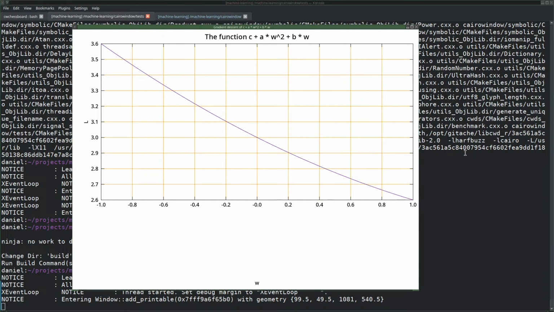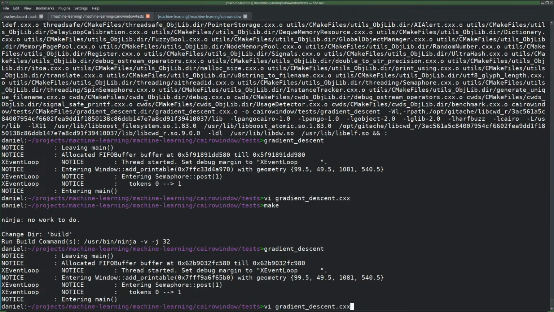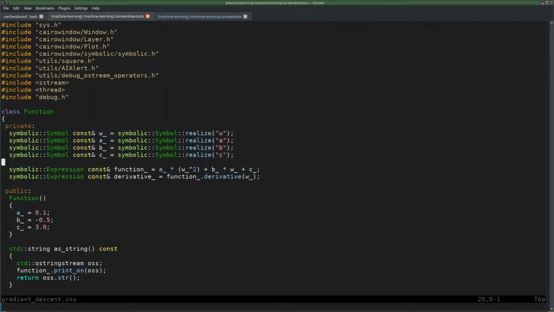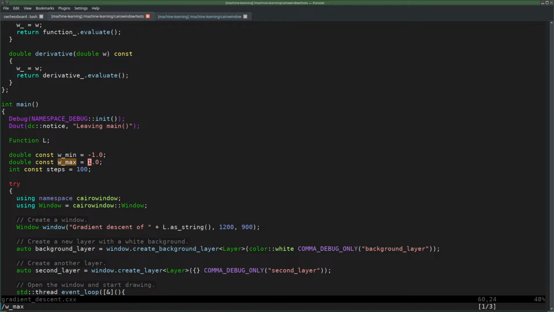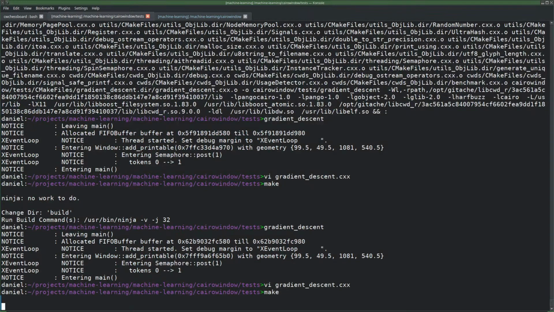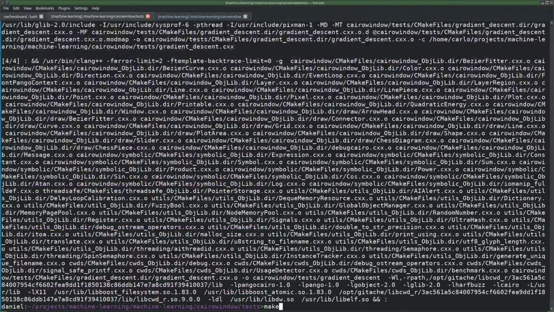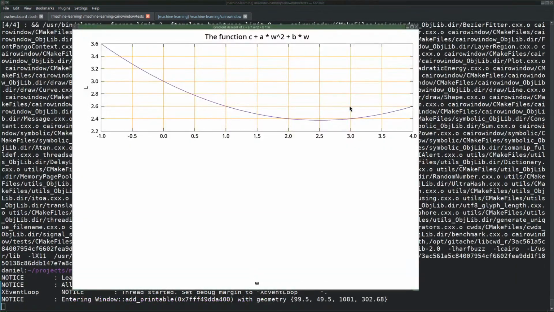Well, that's not very interesting. We don't even see the minimum. So, yeah, we clearly need a way larger value for W max. Let's try for... no, still not very interesting.